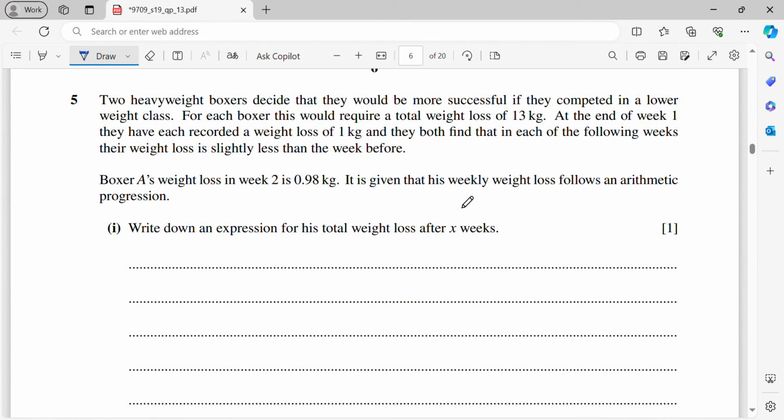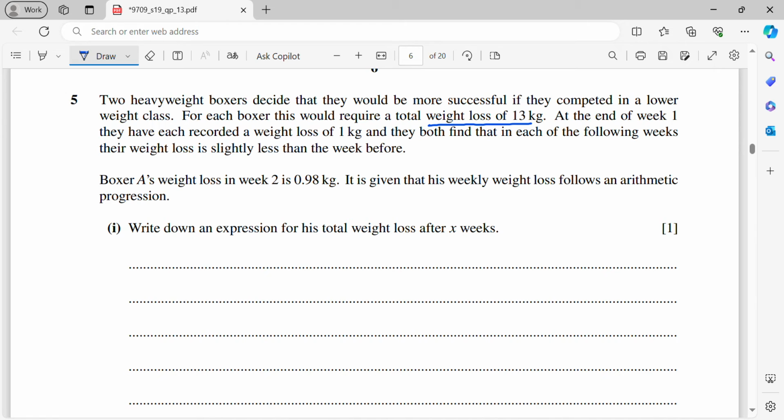Okay, so for question number 5, 2 heavyweight boxers decide that they would be more successful if they competed in a lower weight class. For each boxer, this would require a total weight loss of 13 kilograms.